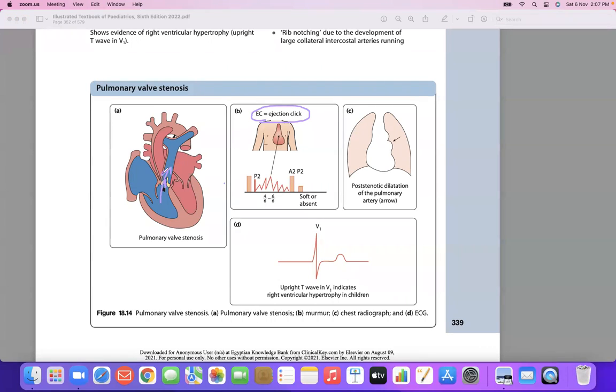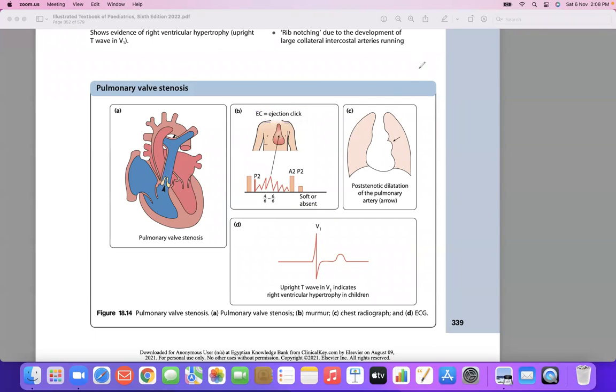Since there is stenosis, less blood will enter into the pulmonary artery. You can also have soft or absent P2.